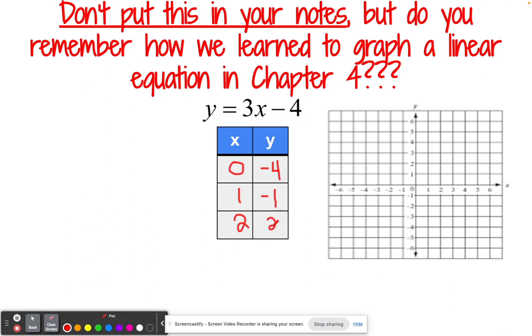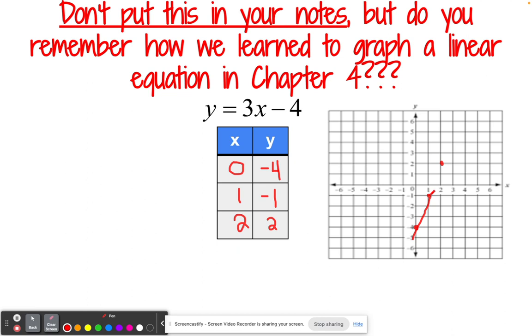Then we would graph these points, 0, -4, 1, -1, and 2, positive 2. And we had a nice straight line.